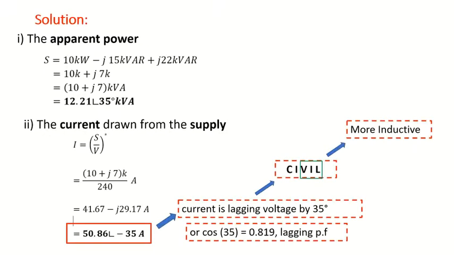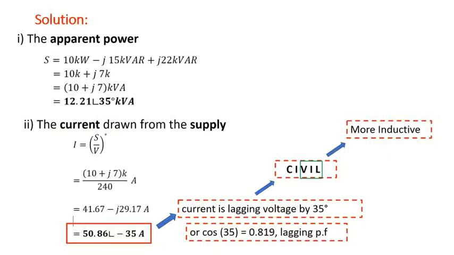Now we solve the problems. To get the apparent power, we know the resistive load is 10 kilowatt. The capacitive load is given as 15 kilovar, and the positive inductive is j22 kilovar.